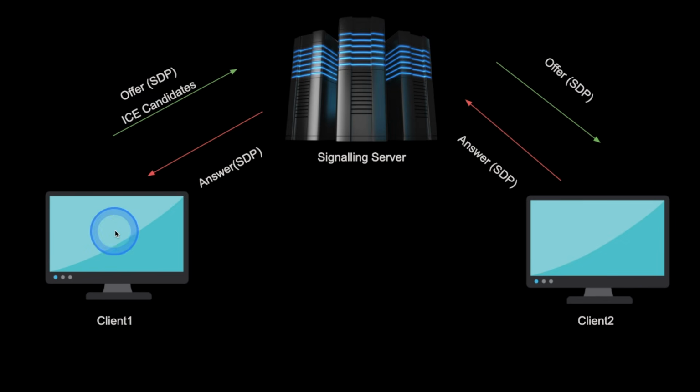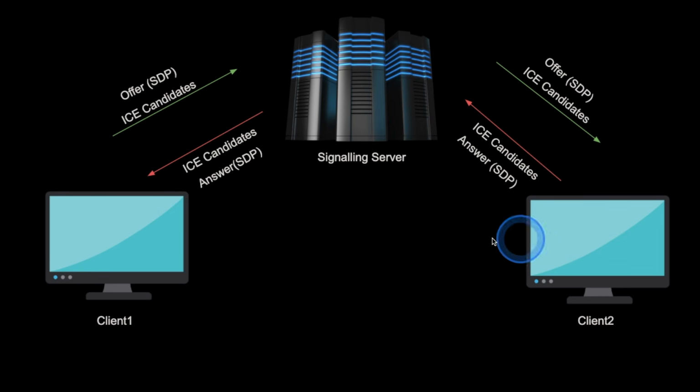And now the job for this client is to send these ICE candidates to the other client. So it will send the ICE candidate to the server first, and then the server will send that candidate to the other client. Now in the same way, when this client creates the answer, the ICE candidates for this client will also start to come from the STUN and TURN servers, and they just need to be transported through the signaling server to the other client.